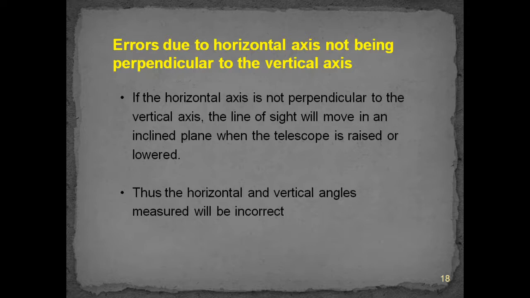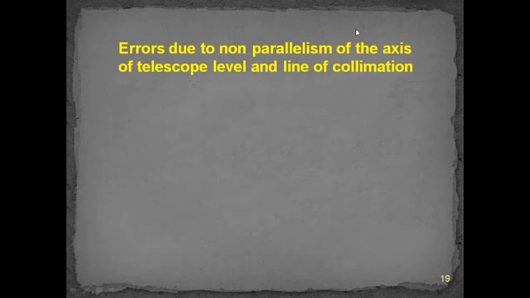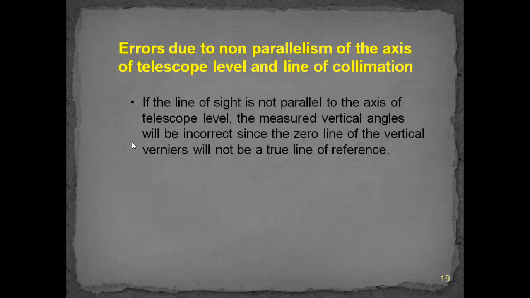Next, error due to non-parallelism of the axis of the telescope level and the line of collimation. If the line of sight is not parallel to the axis of the telescope, whatever vertical angles we measured will be incorrect, since the zero line of the vertical verniers will not be a true line of reference.